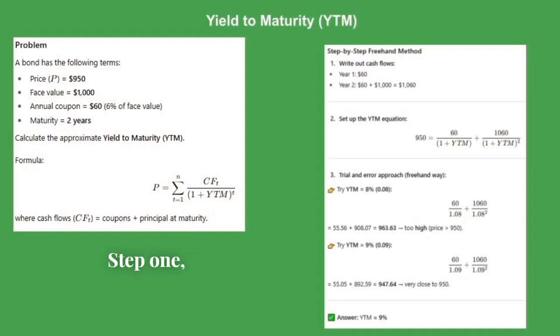Step 1, write out the cash flows. Year 1 pays $60. Year 2 pays $1,060, which is the final coupon plus principal.